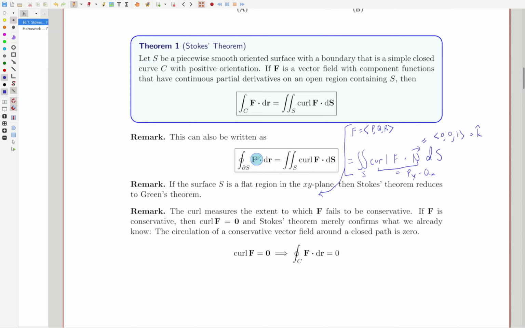Over here, f can be more complicated, but the thing we're integrating over is simpler because it's the boundary, a one-dimensional thing. Over here, we've effectively taken a bit of a derivative of f, so the vector field we're integrating is simpler, but the region that we're integrating over can be more complicated. So in a sense, when we use Stokes' theorem, we're trading complexity in one place for complexity in another place.